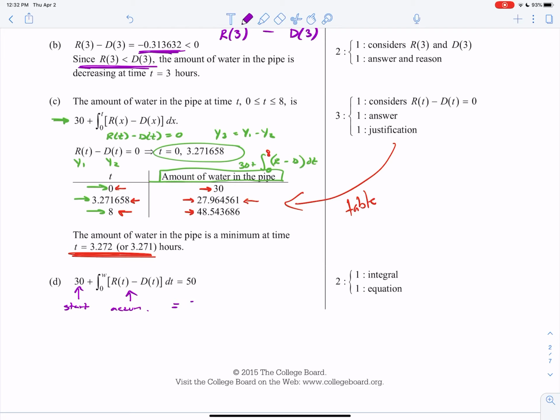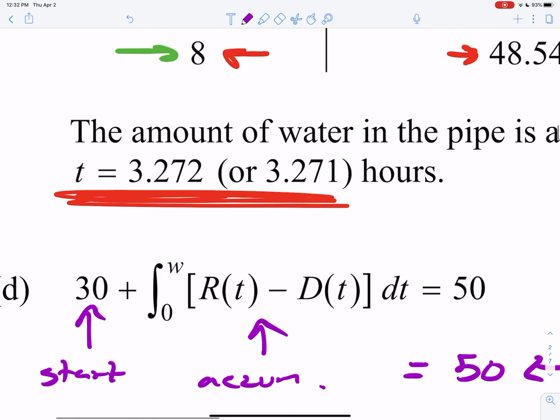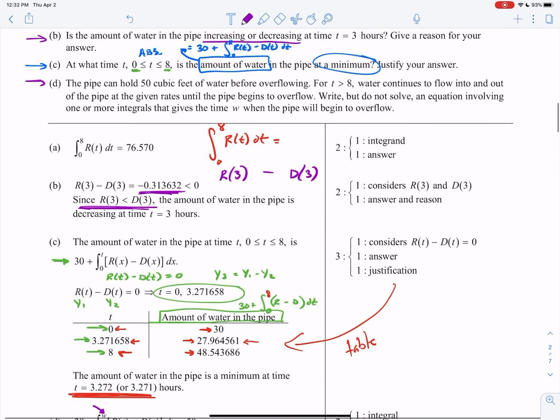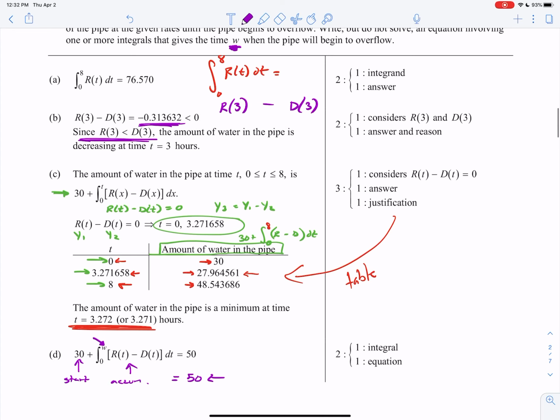And we set it equal to 50 because that's the amount when the pipe starts to overflow. So the only thing you have to consider here is that arbitrary upper bound. You just set it to some W. I believe they give you the time W there. So once you reach that time, it's going to start overflowing.